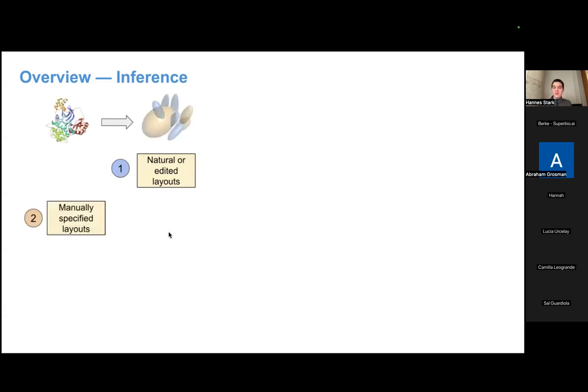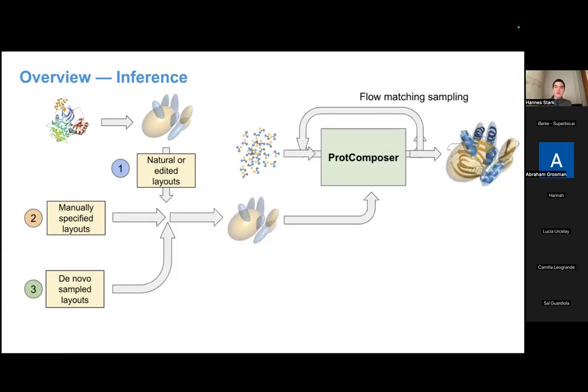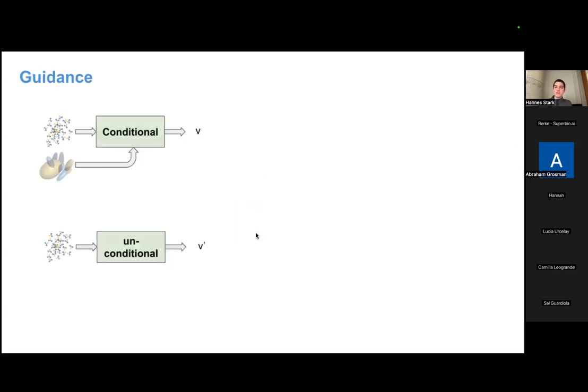We could also take ellipsoids that are manually specified by hand to achieve the 3D layout of a protein that we want, or we can use our generative model over 3D ellipsoid layouts to come up with the ellipsoid layouts. Then we feed this as conditioning into the backbone model, the denoising model, and it then denoises the noisy point cloud to obtain our final generated structure that hopefully adheres to the conditioning input.